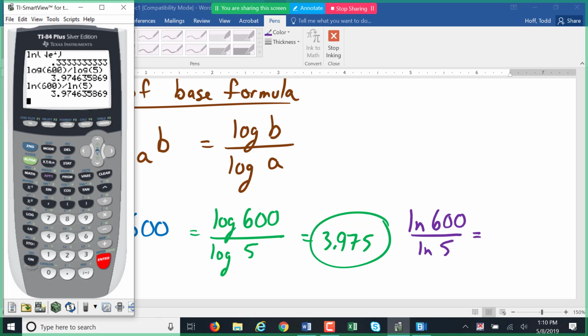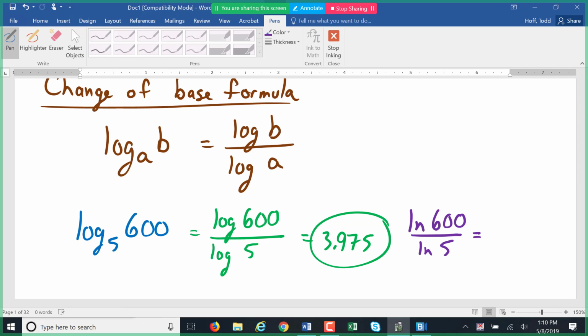It doesn't matter which log you use. This change of base formula converts any log into any other log you're able to calculate. So it doesn't matter whether you use log base 10 or log base e. You could use log base 2 if you had that button on your calculator. It doesn't matter.